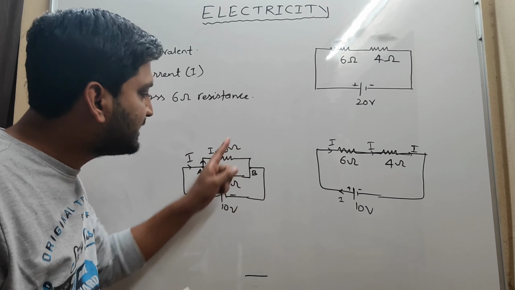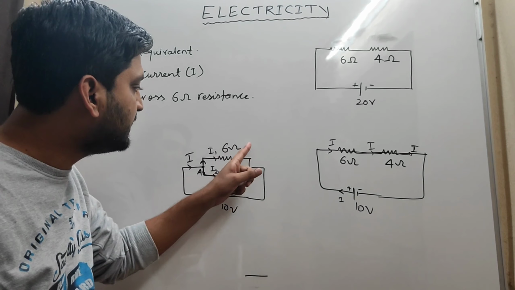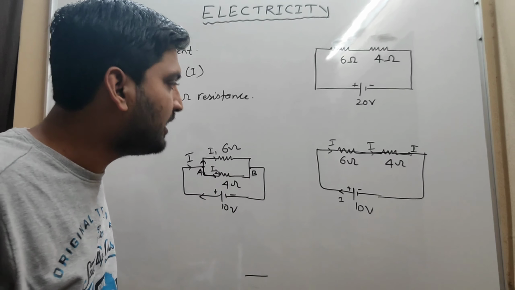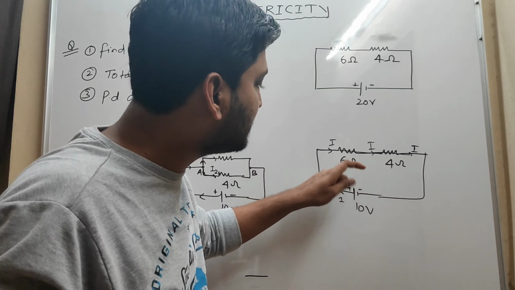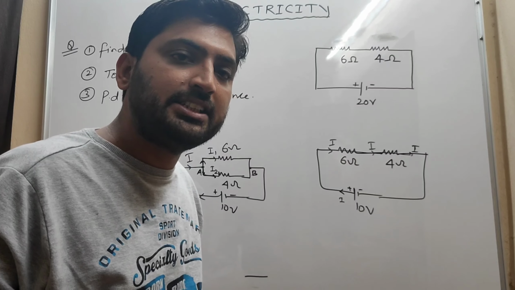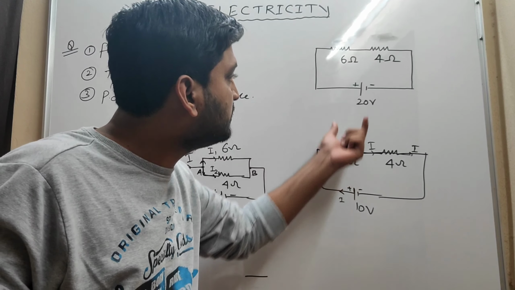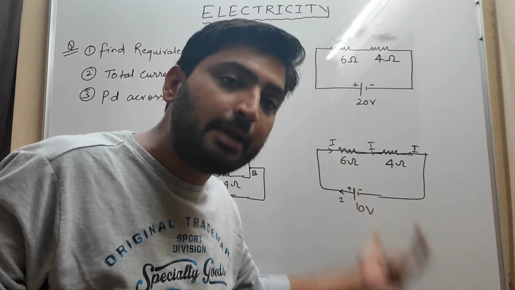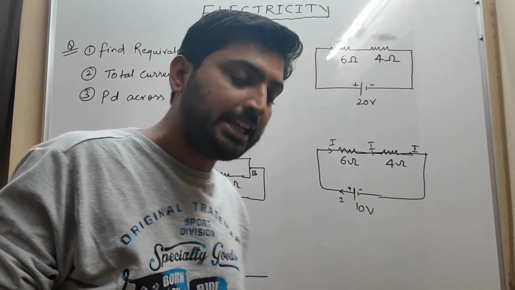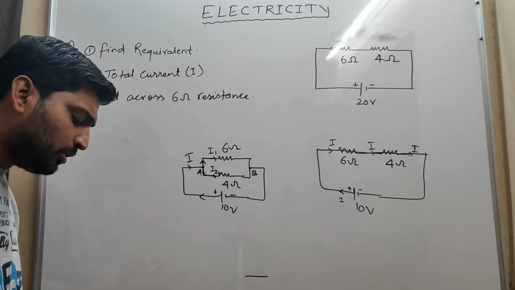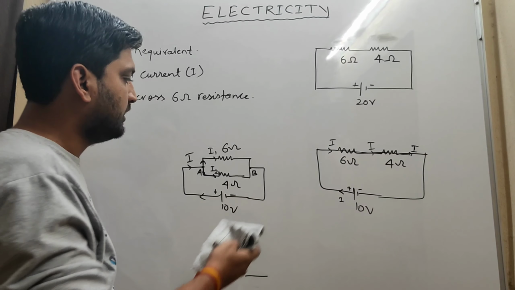So these two resistances, 6 ohm and 4 ohm, are connected in parallel. Whereas in the earlier case, 6 ohm and 4 ohm are connected in series, because these two have the same current. I have already discussed this in my previous video.